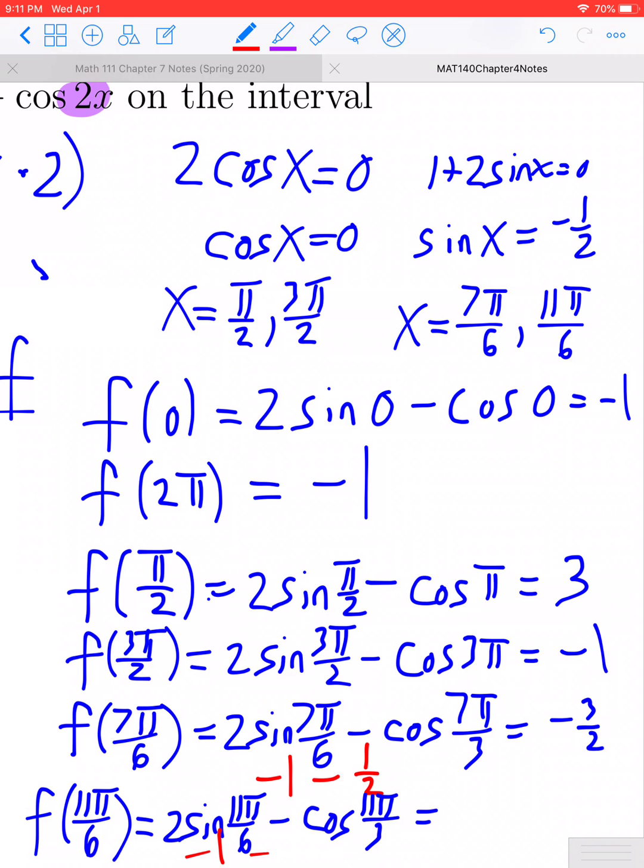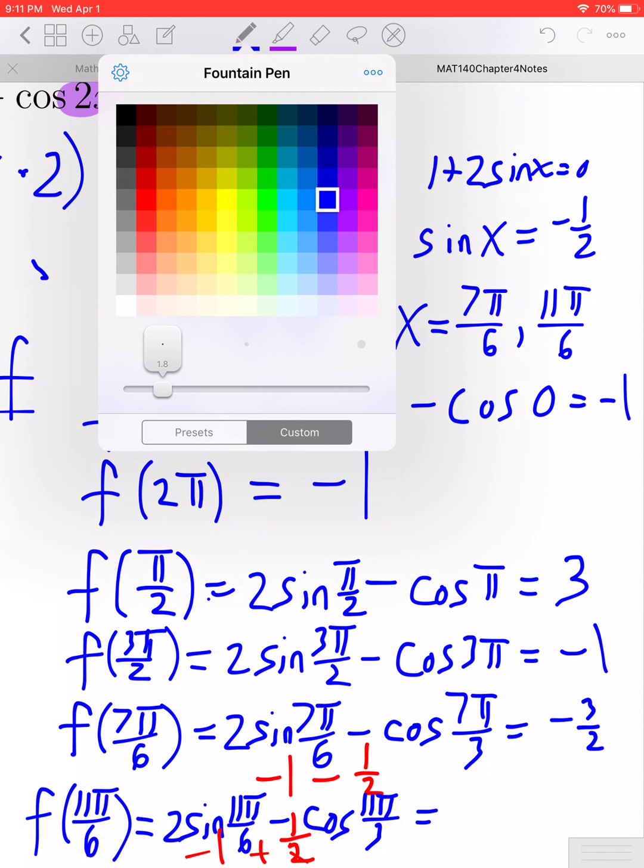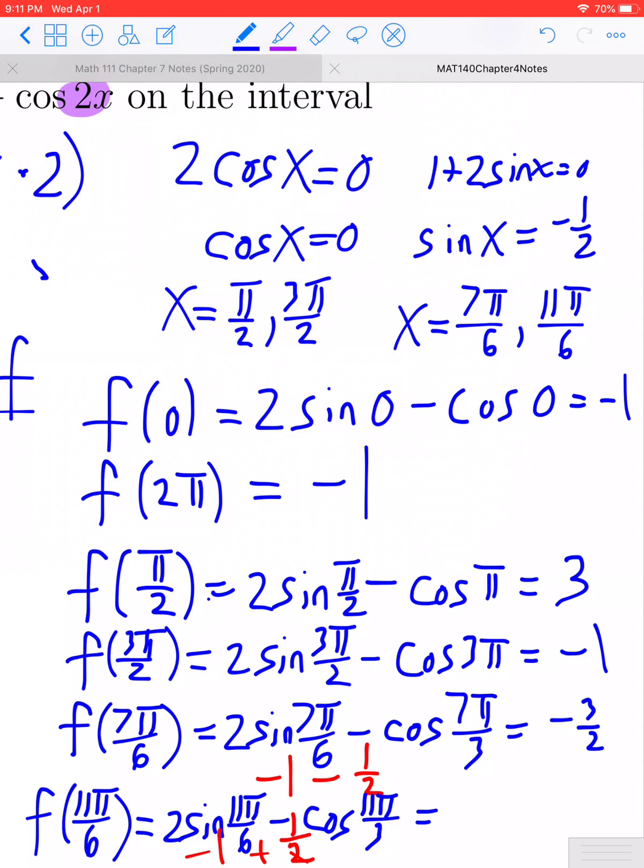Subtract. Now 11 pi over 3 is coterminal to 5 pi over 3, and the cosine of 5 pi over 3 is going to be a positive 1/2. So that would work out to be negative 1 plus a half, which is negative 1/2.